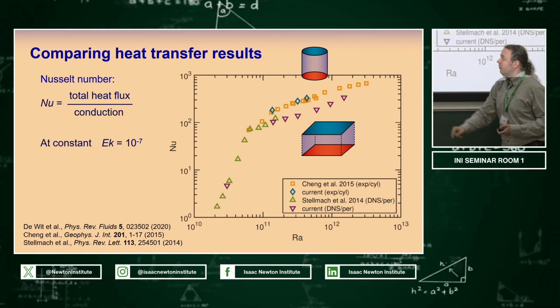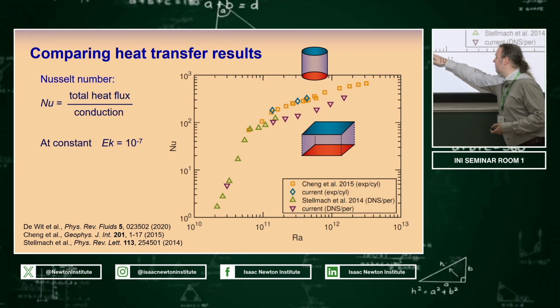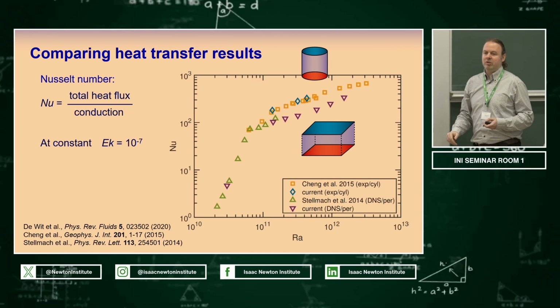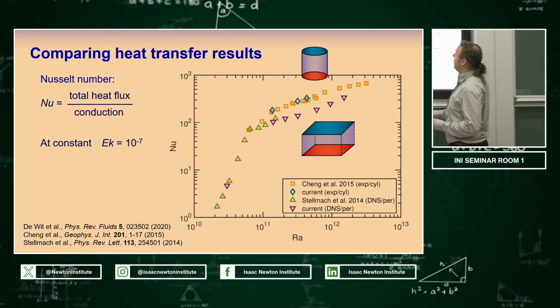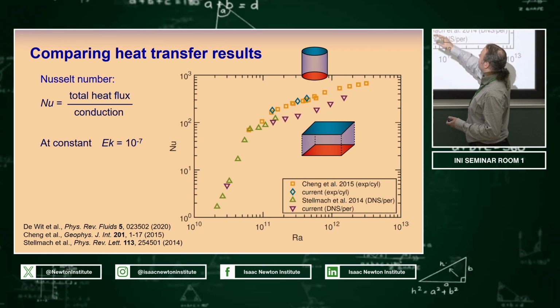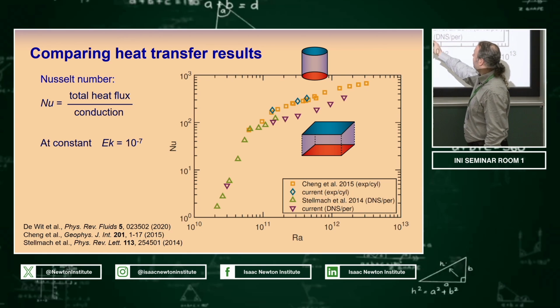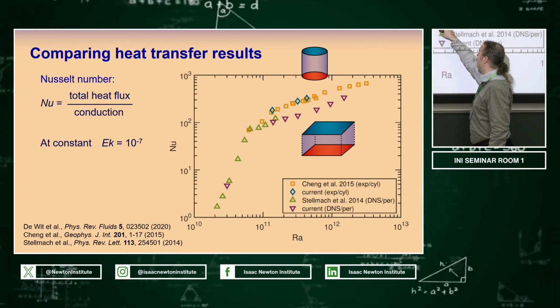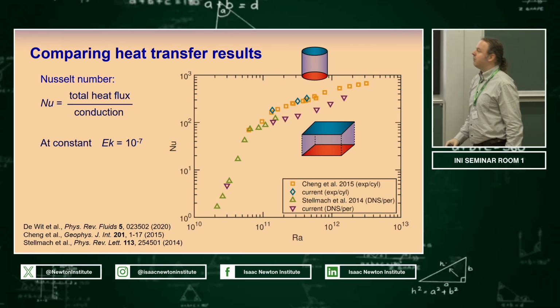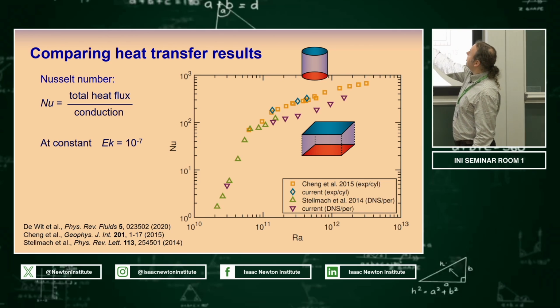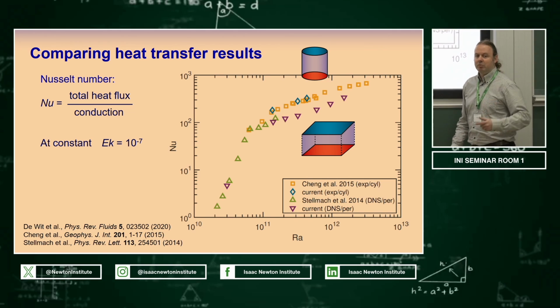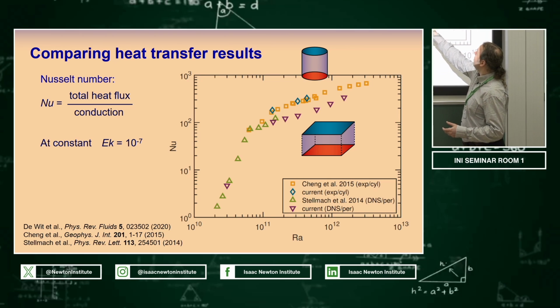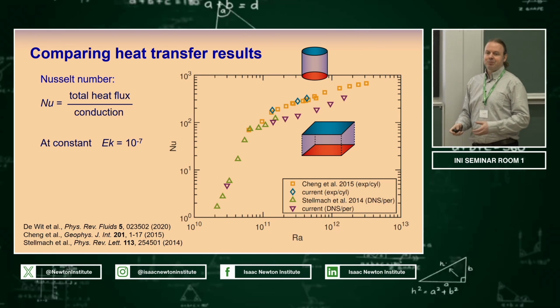We did this at a constant Ekman number, constant rotation rate, and we changed the Rayleigh number. Now, in this diagram, I've shown some experimental results from a previous experimental study. These are the yellow squares. The blue diamonds are the results from our newly built setup, and they nicely match, so this was good.